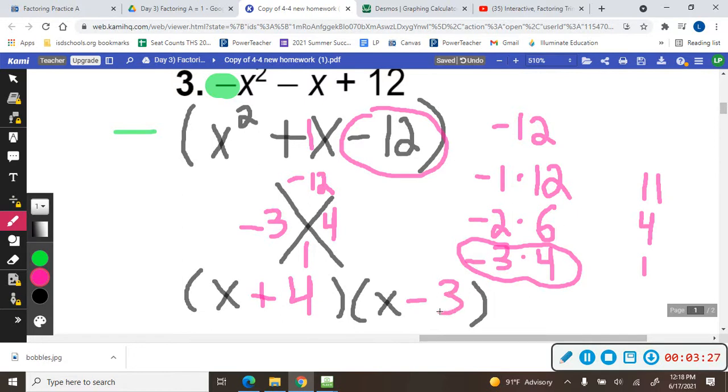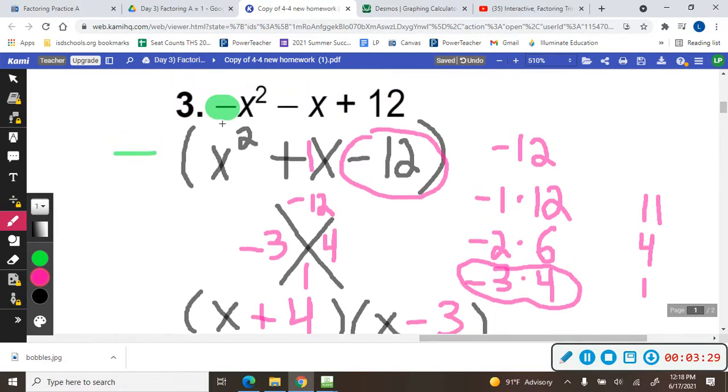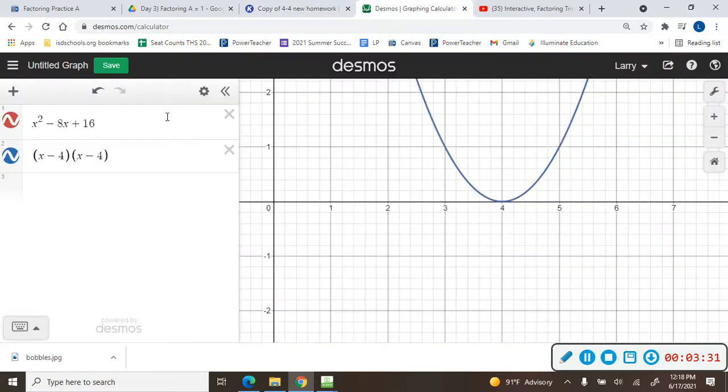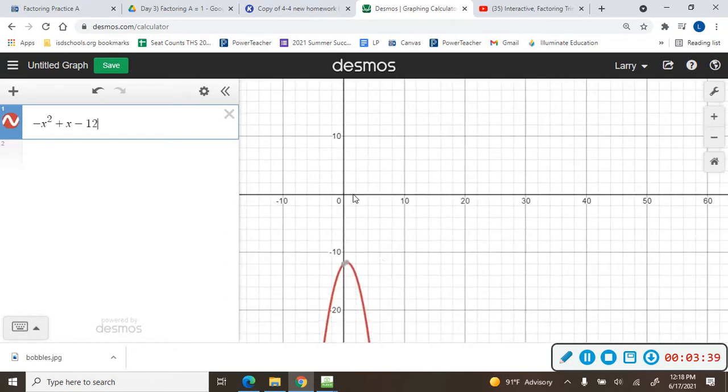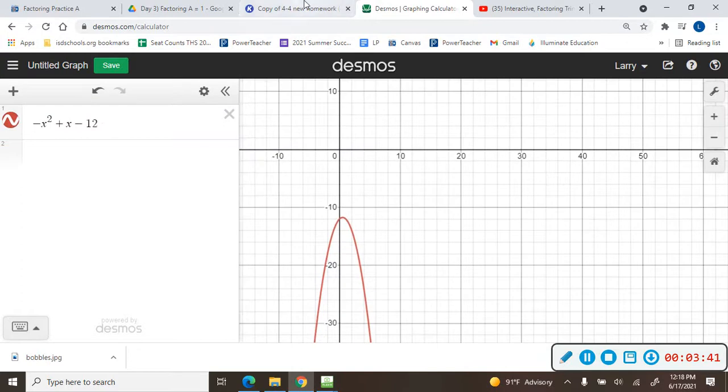Now I could go check my work, and I'm going to plug this in, -x squared minus x plus 12. That's what it looks like. And it's actually minus x, so that changes it a little bit.